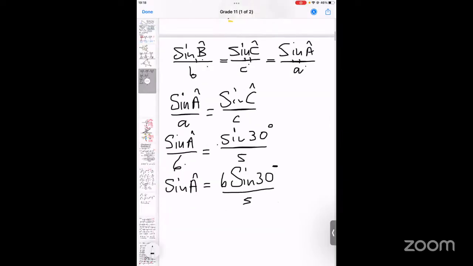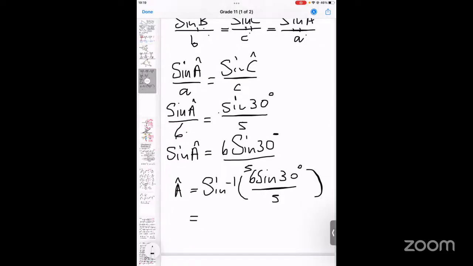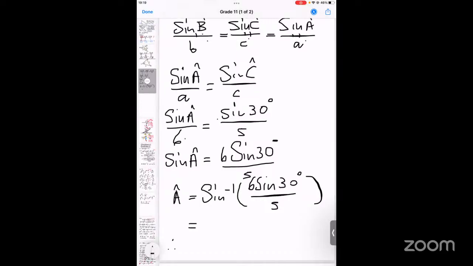Then you just punch all of that on your calculator, and then you will see second function of that answer, which is that. And that's how you will find your angle A.